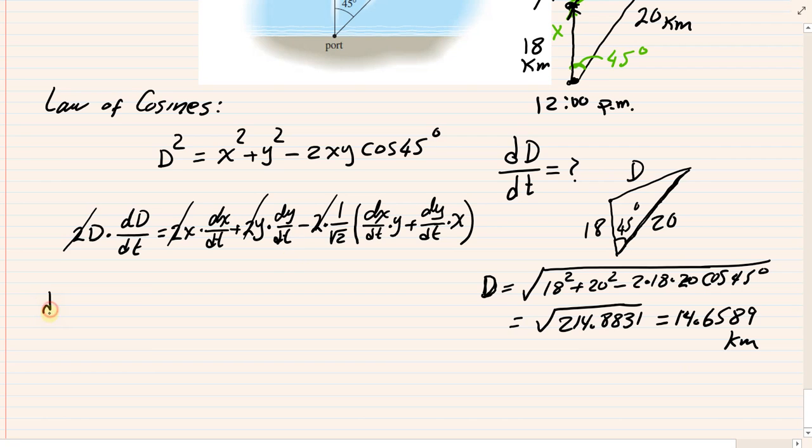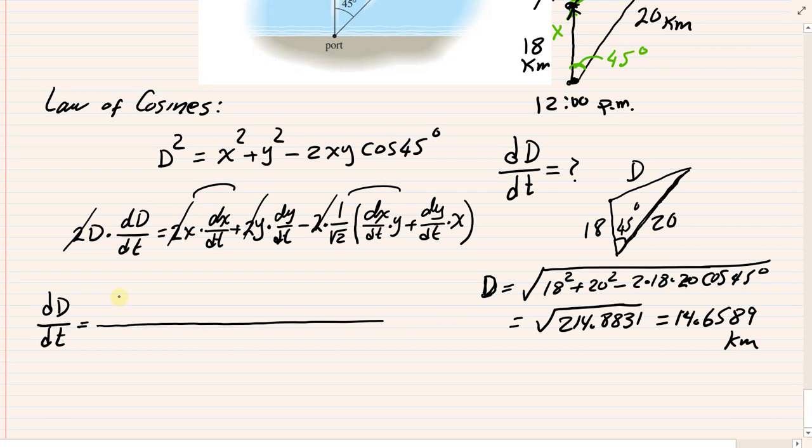Therefore dD/dt is going to be the right side, which is x dx/dt. Let me see. I'm going to factor dx/dt. I have dx/dt here and dx/dt here.